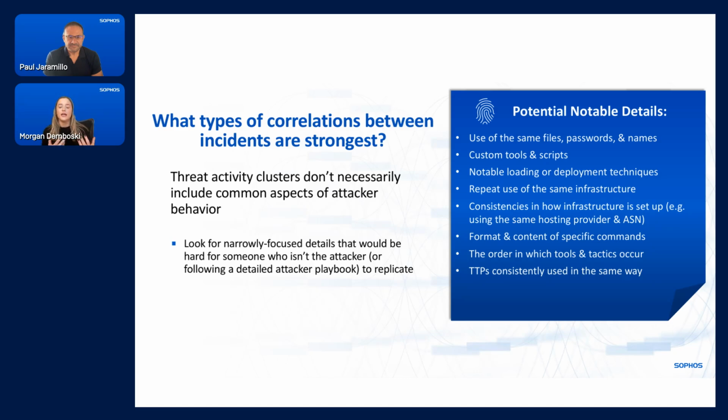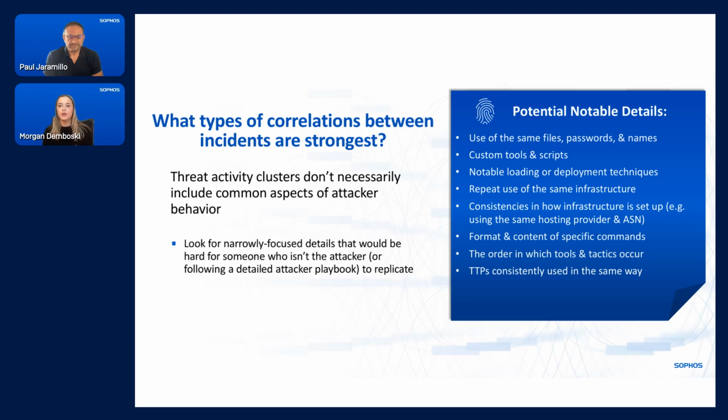So when creating threat activity clusters, we don't necessarily focus on the more common aspects of attacker behavior, but rather we really try to focus on the more narrowly focused details that would be hard for someone who isn't the attacker, or following a detailed attacker playbook, to replicate.